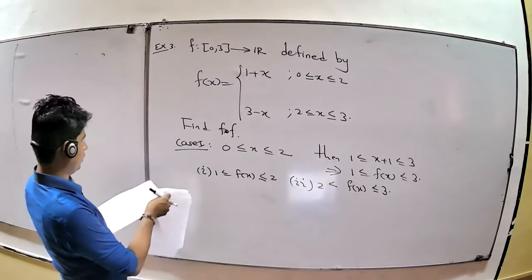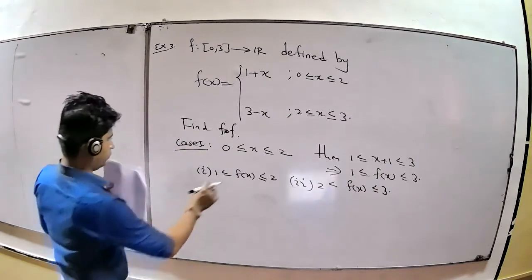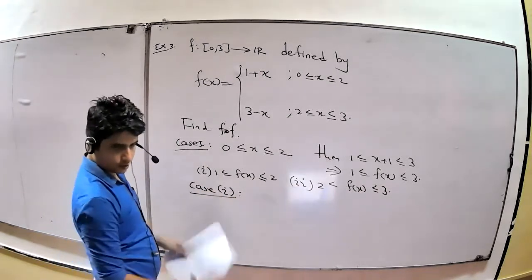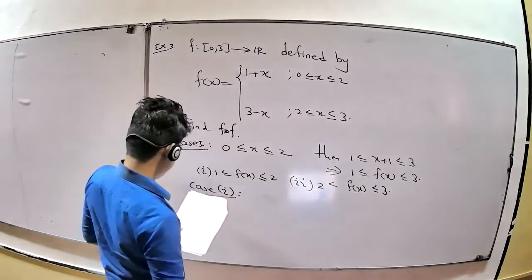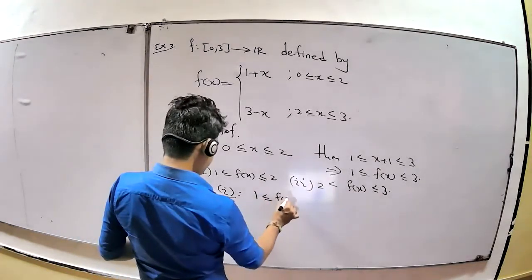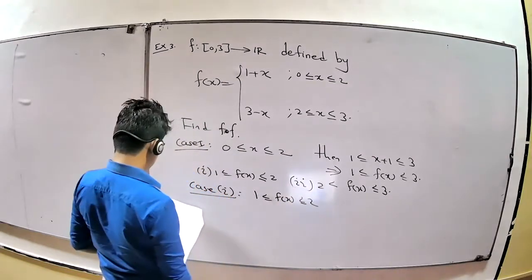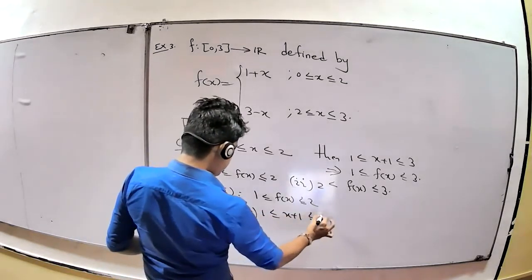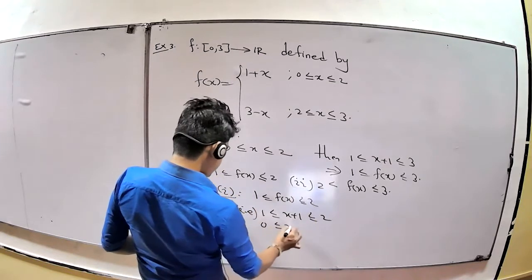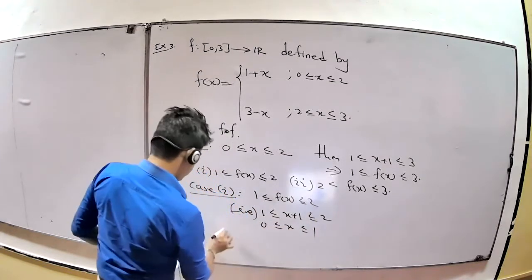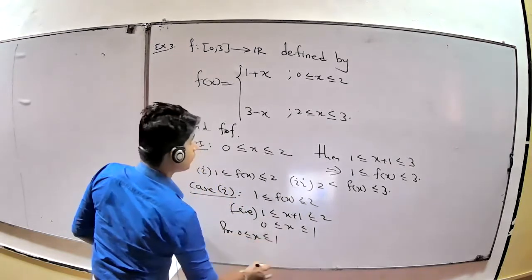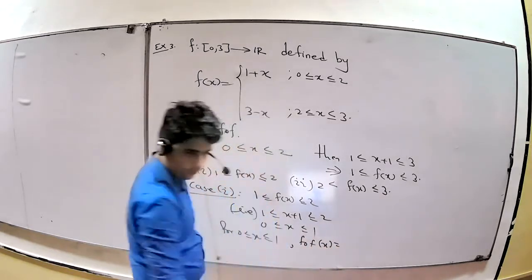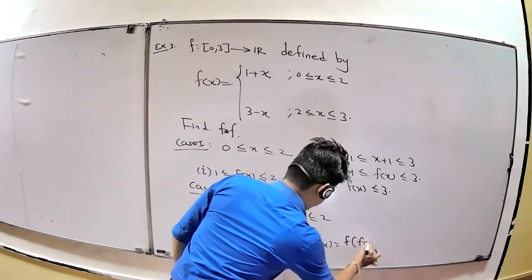Now, for this case 1, you consider this case: 1 less than or equal to f of x less than or equal to 2. That is, 1 less than or equal to x plus 1 less than or equal to 2. Then 0 less than or equal to x less than or equal to 1. For 0 less than or equal to x less than or equal to 1, your f composition f of x you want to find. F composition f of x is f of f of x.